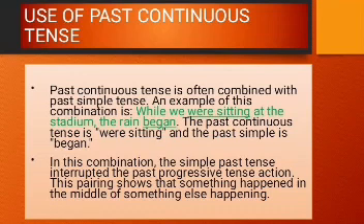The past continuous tense is were sitting and the past simple is began. In this combination, the simple past tense interrupted the past progressive tense action. Past progressive tense action means past continuous tense action.